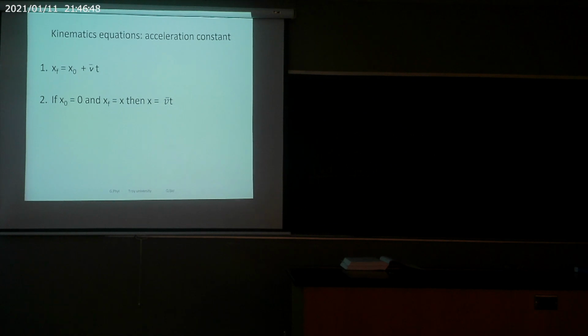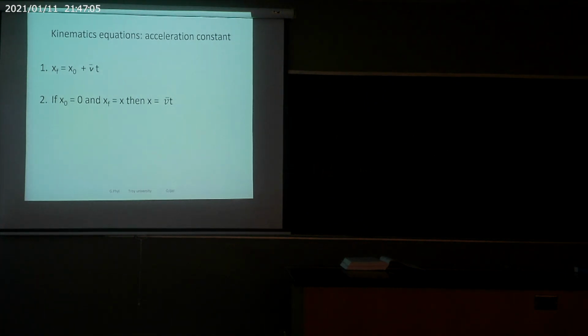Taking x as the final position, x naught as the initial position, v average is the average velocity, t is the time elapsed. Okay, remember it's the time elapsed. It's still the same. It's a time interval. However, we have set our initial reference at 0. That is the initial position.